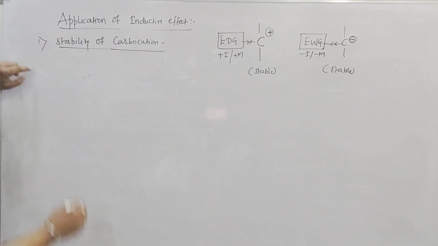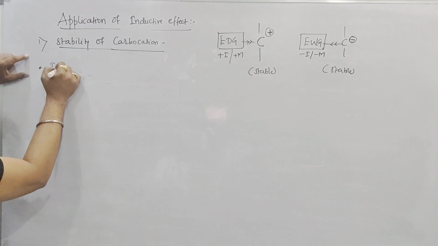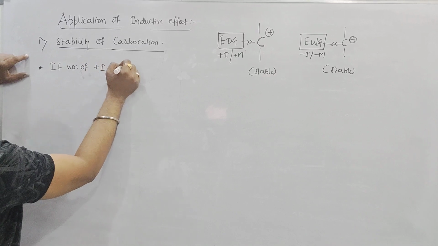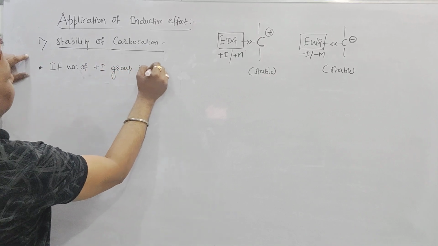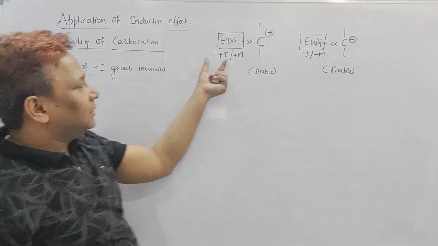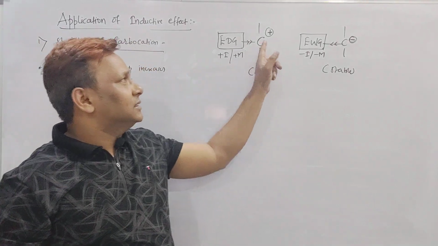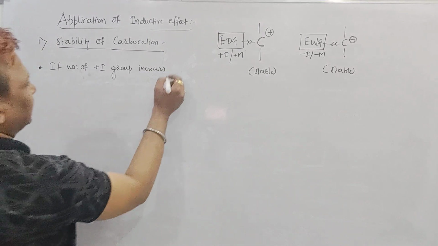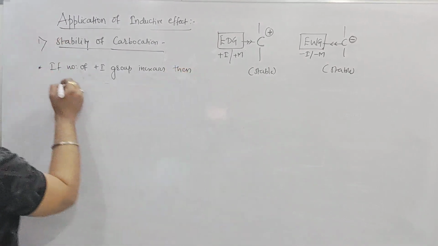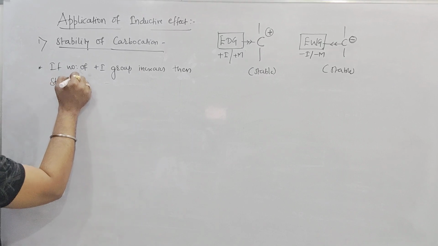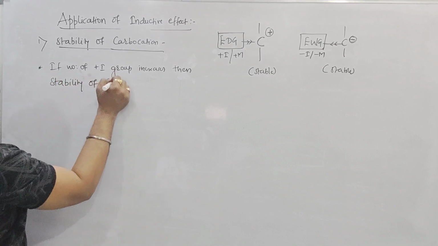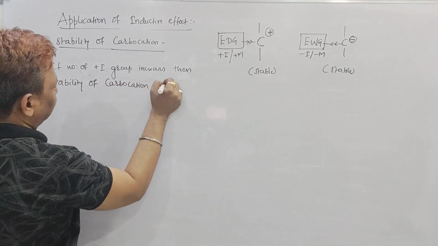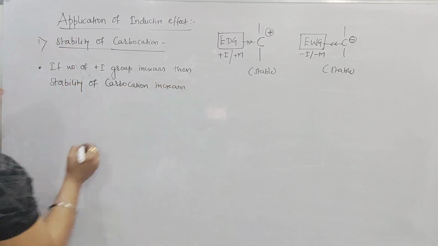So the first point I will write here: if the number of plus I groups increases, then stability of carbocation increases.